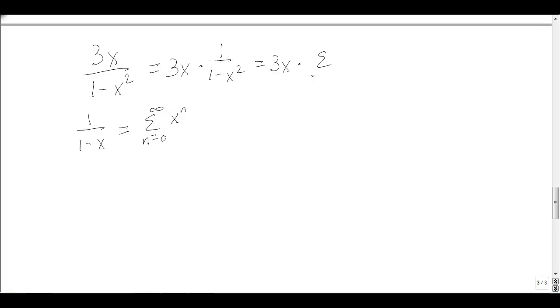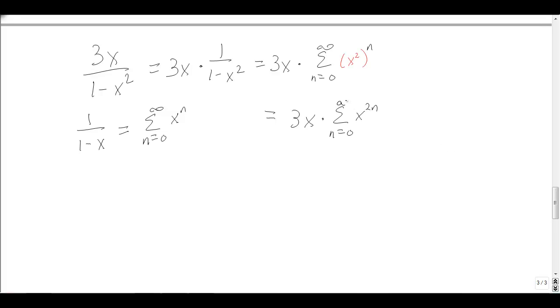So I get sum n equals 0 to infinity, and then that x to the n becomes x squared to the n. And so that gives me 3x times sum n equals 0 to infinity, x to the 2n.